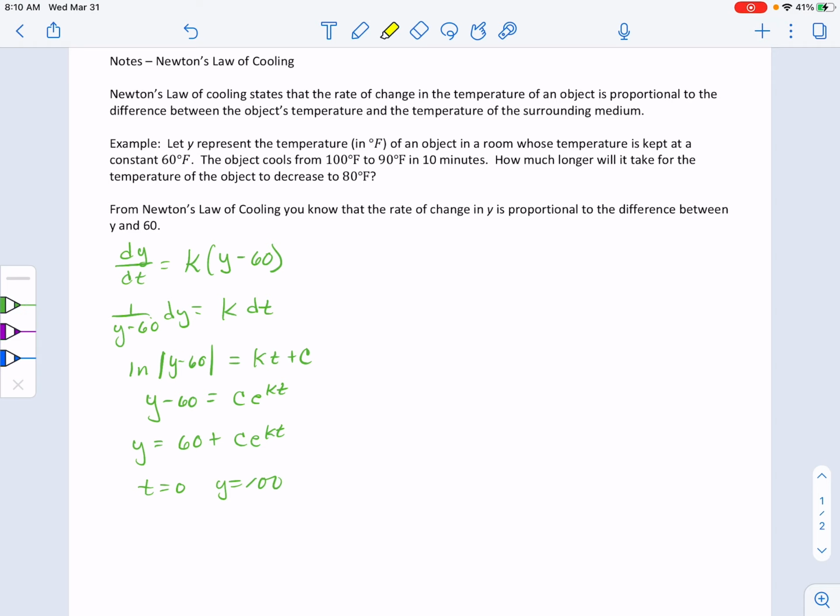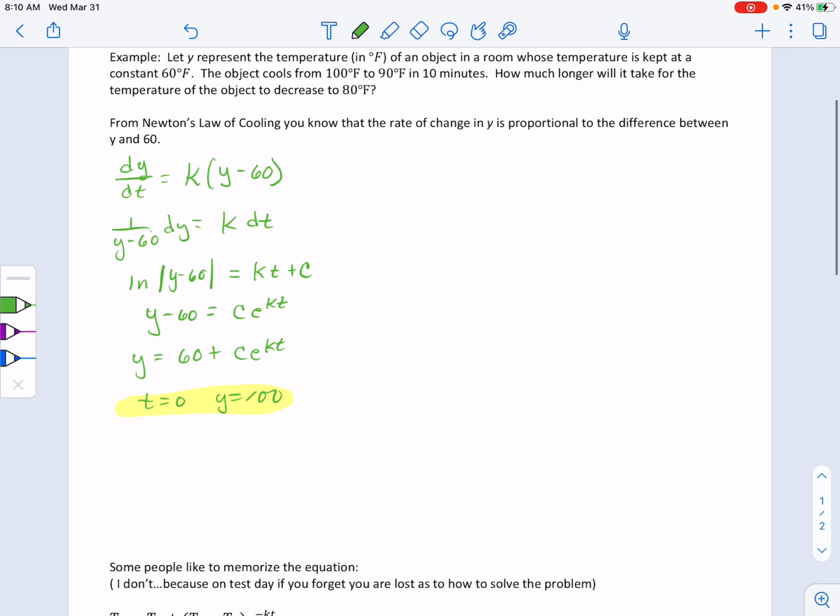That was a given. So you put in 100 equals 60 plus c e to the 0. So c is equal to 100 minus 60, which is 40. So now my equation is y equals 60 plus 40 e to the kt.